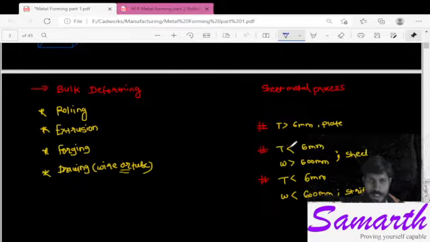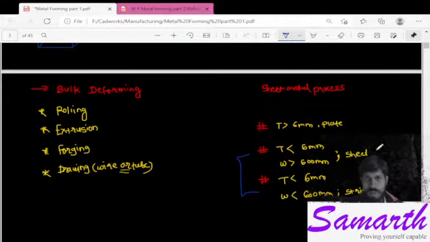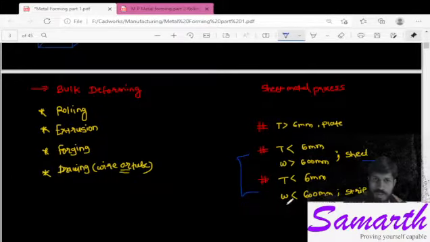If the thickness is lesser than 6 mm, in these two cases, it will be called either a sheet or a strip. Here, the difference is that if the width is higher than 600 mm and thickness is again lesser than 6 mm, then we will call it a sheet.